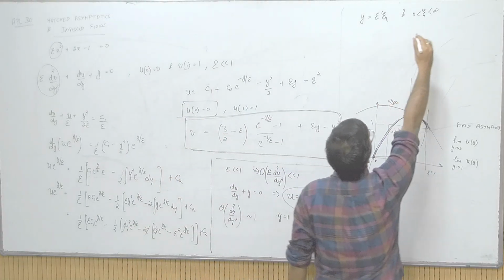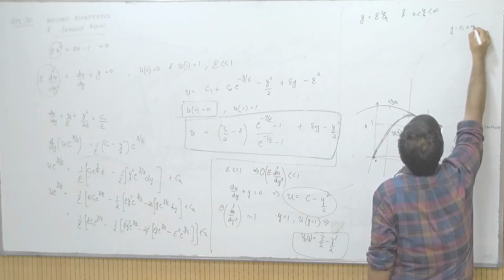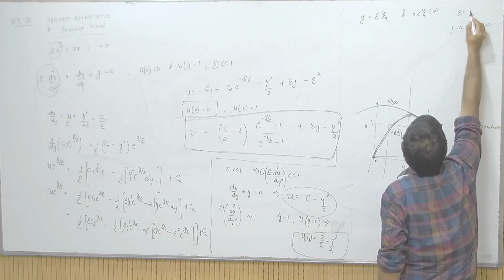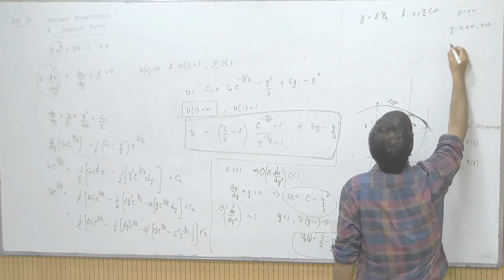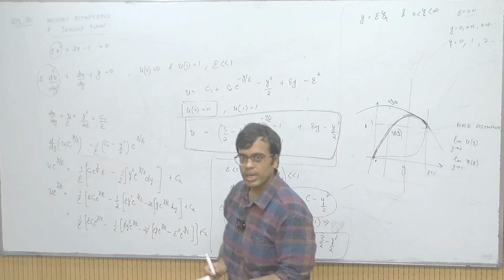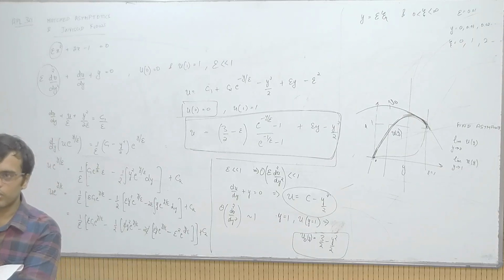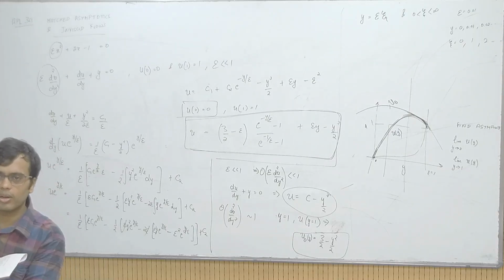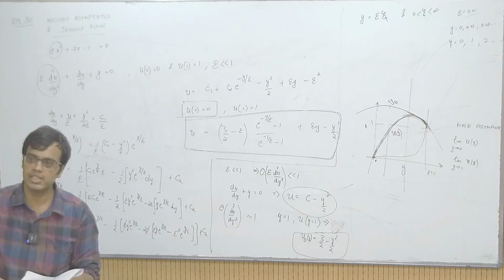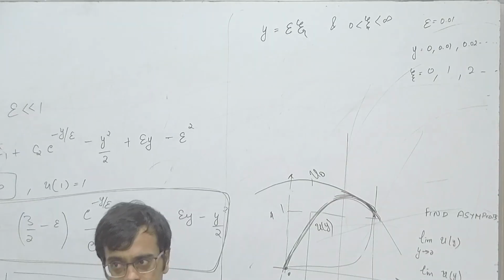So, if you have y varying as, let us say, 0, 0.01, 0.02 and so on, and let us say your epsilon is 0.01, then your c is varying as 0, 1, 2 and so on. So, in a way what you have done is, let us say this is your y equal to 0 boundary, you have stretched your coordinates here, and now you have defined a new independent variable c which scales with this epsilon to give you y.